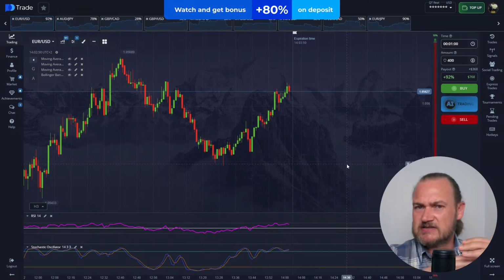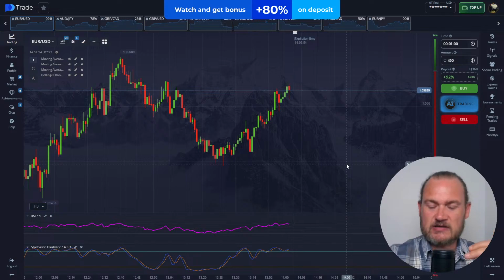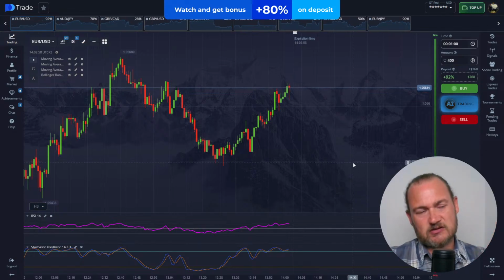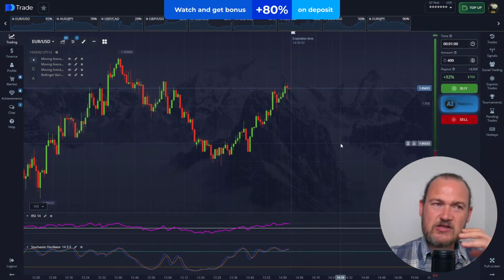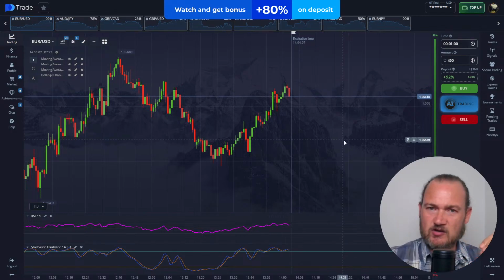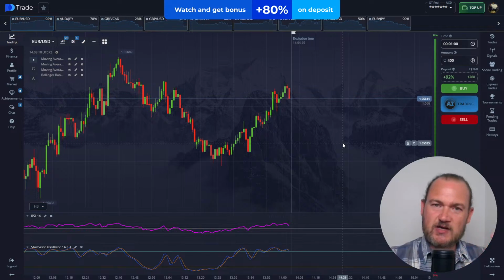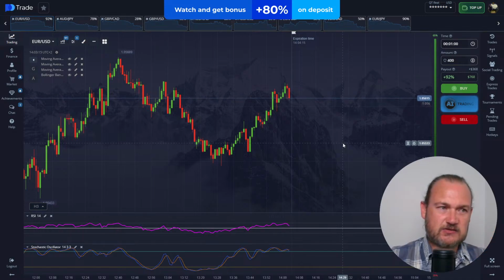The first point I want to make is that divergence can be used on any time frame. You will find examples of divergence on everything from a 10-second chart up to a daily chart. And the thing about divergence is, whatever time frame you are looking at, you need to give a few candles for the divergence to play out.